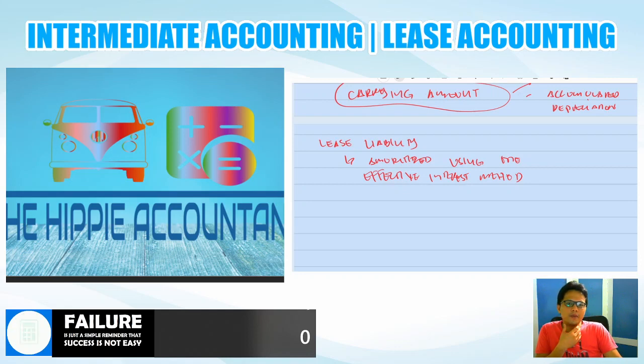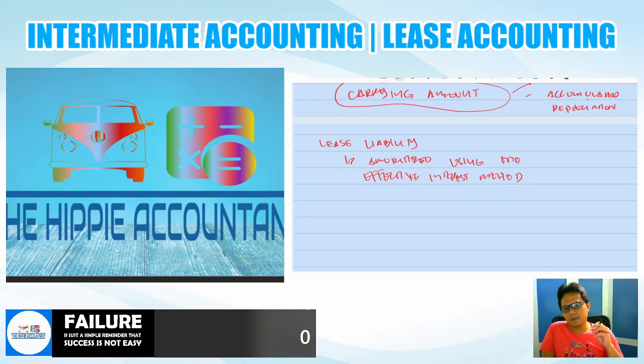The point in this requirement lang kasi is that every time there is payment coming from the lessee, the payment should be properly designated as to what portion of that payment relates to the principal, because yun nga, the lease liability is measured at discounted amount, present value, di ba?